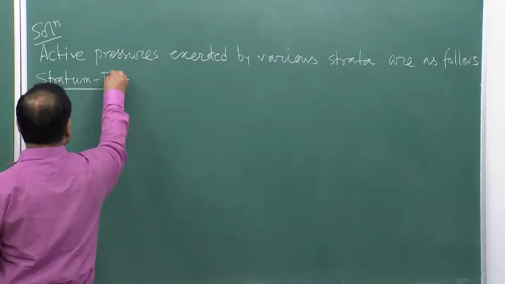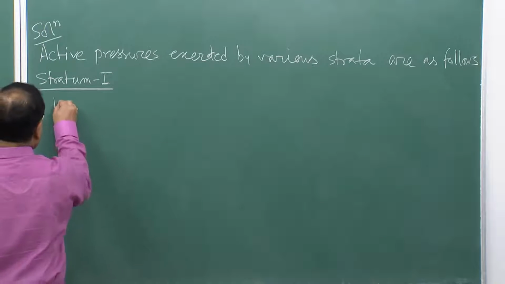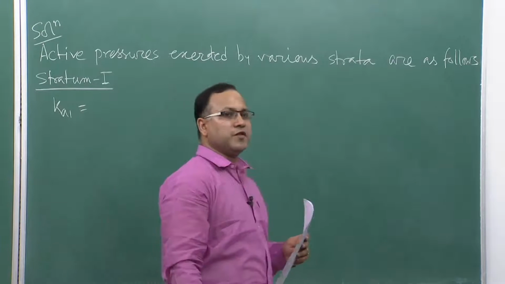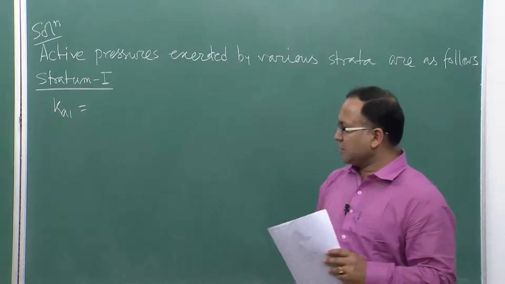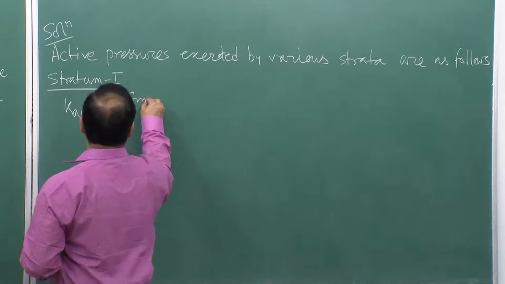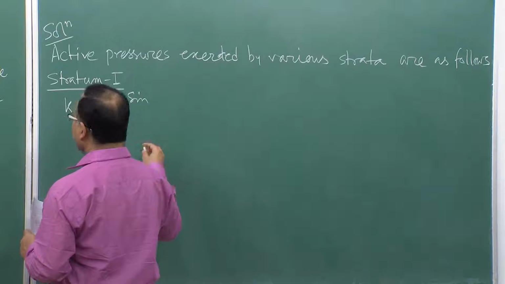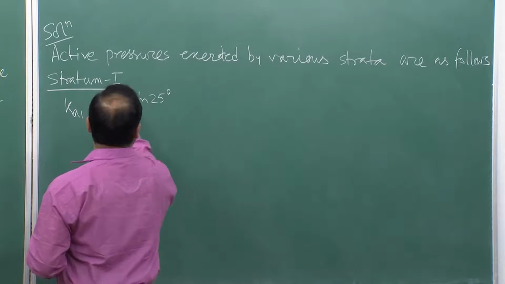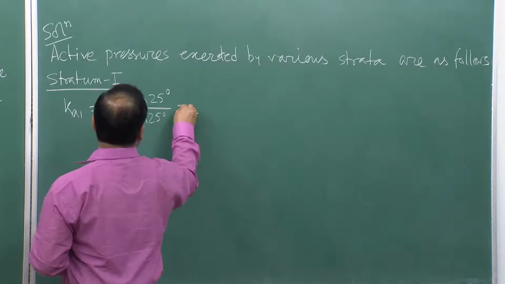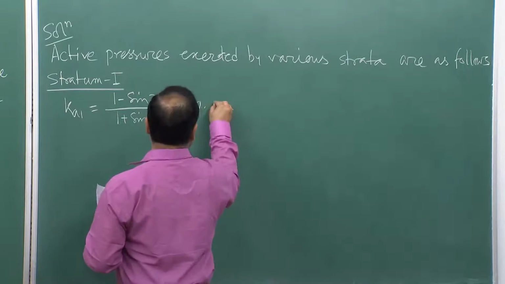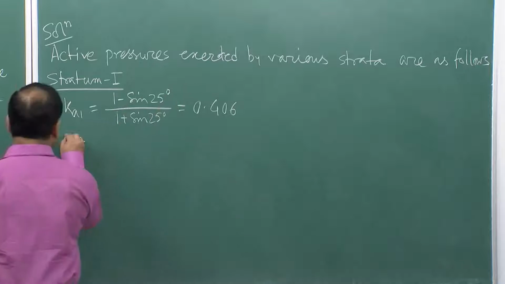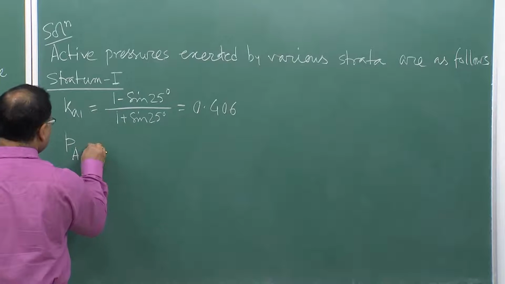Okay. So, first we need to calculate the magnitude of the active earth pressure coefficient for the first stratum. So, Ka1 is defined by (1 minus sin phi 1) by (1 plus sin phi 1), where phi 1 is 25 degree, that comes as 0.406. Okay.